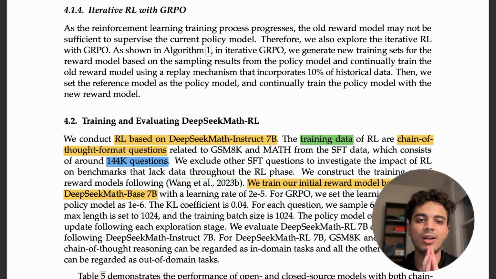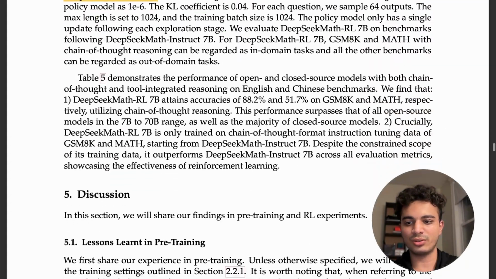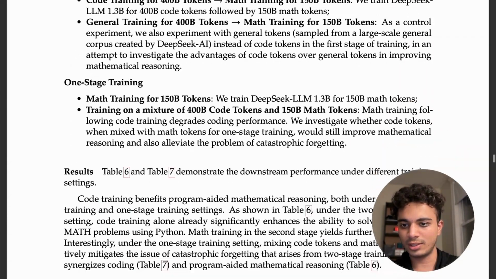The training data for RL are chain of thought format questions. So every time we ask a question, we ask it to think step by step and then perform something. So that's important. And there are around 144,000 questions, which is really interesting.